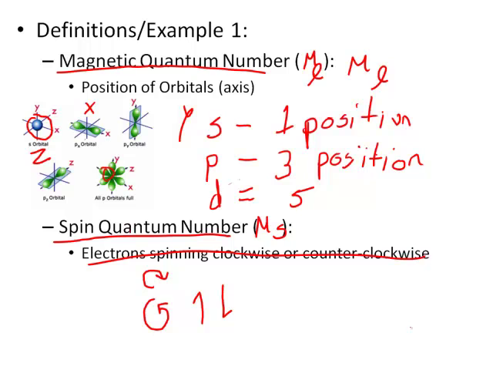They can either have a value of minus 1/2 or positive 1/2. Those 4 quantum numbers give you the precise location of where you can probably find an electron. They're not for sure going to be there, but that's the most probable location. And we're going to work out an example now of finding quantum numbers.